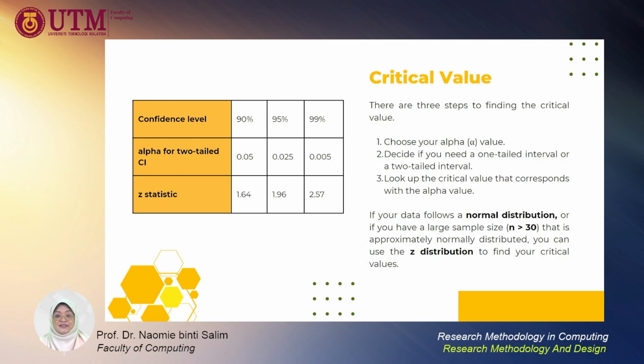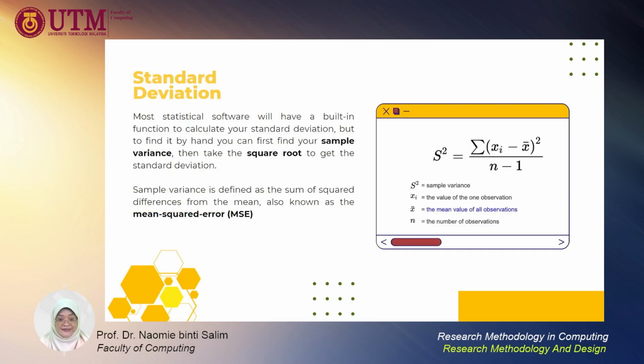So you can use the Z distribution to find your critical values. I have given there, for example, for confidence interval 95%, the alpha value for a 2-tail confidence interval is 0.025, and the Z statistic is 1.96.